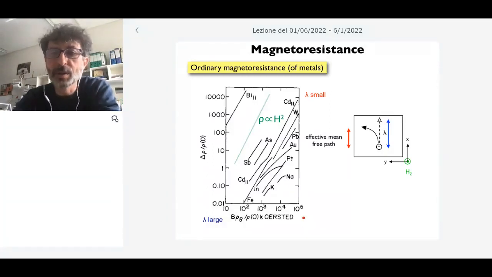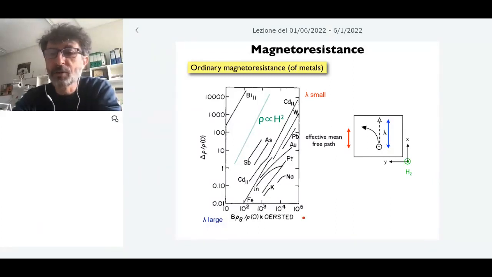What happens is that electrons involved in the conduction will feel this magnetic field and will try to follow a sort of cyclotron orbits. So they will change direction because of the presence of the field. The field makes no work, so it will not make electrons go faster or slower. It will not change their energy, but it will change their direction. So it will bend them.